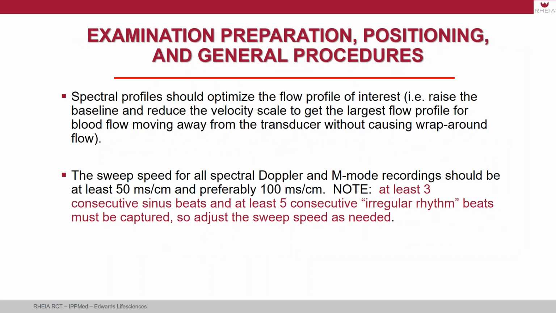In terms of the spectral profile, and especially the sweep speed for the spectral Doppler, we like to have the longer one if possible, so 100 millimeters per second. That's the one we prefer.